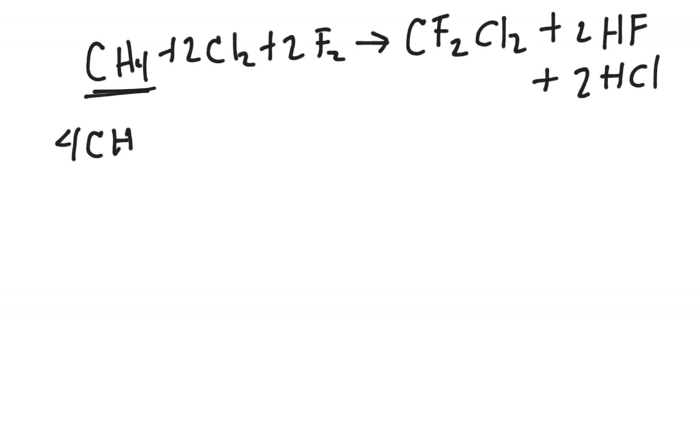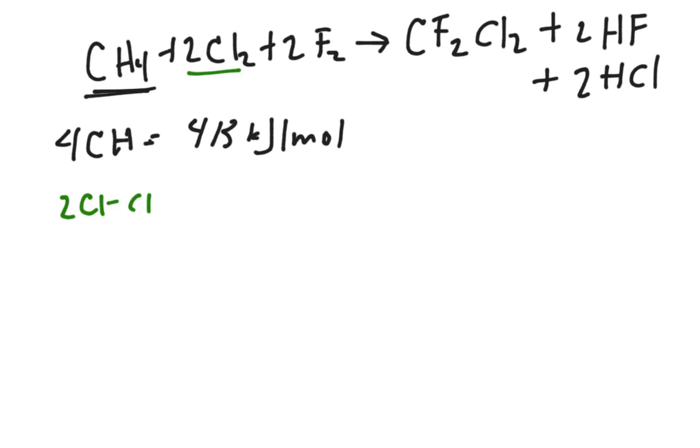And CH bonds have an energy of 413 kilojoules per mole. Here I have 2 Cl bonds. Okay, they have an energy of 239 kilojoules per mole.